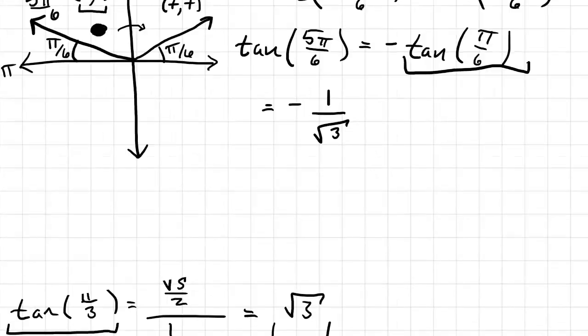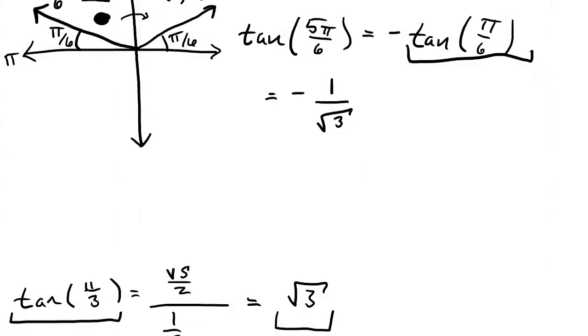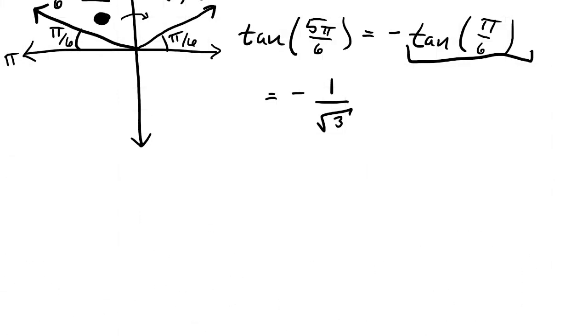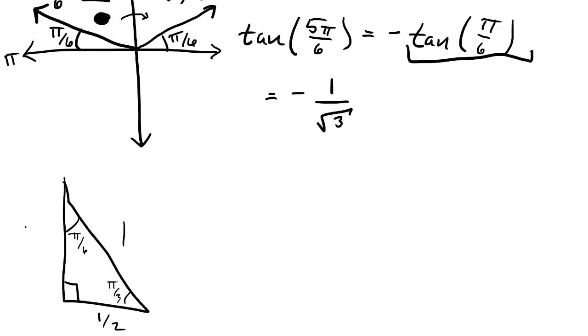we can take a look at what the pi over 3 triangle looks like. So remember, I'm just trying to draw this fast. This is pi over 6, pi over 3, 1/2, 1, square root 3 over 2. I think I did that right. Yeah.